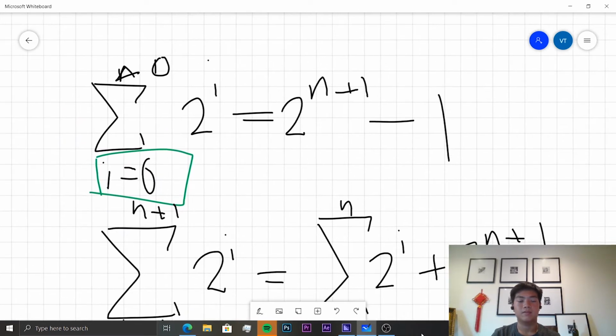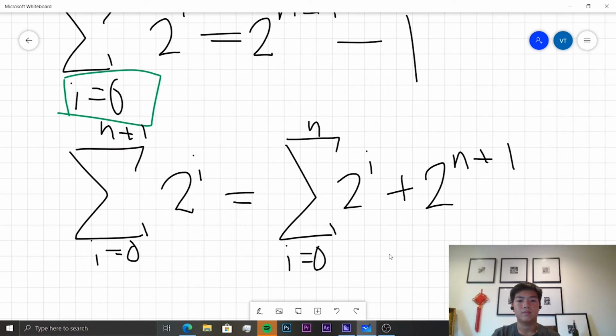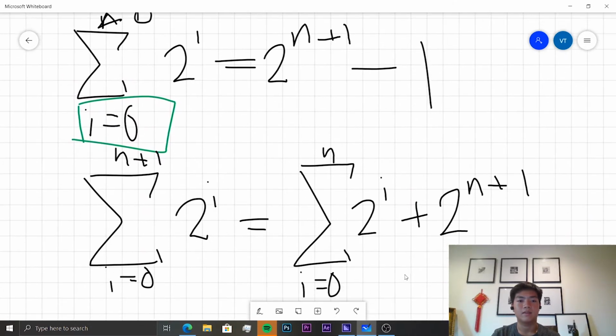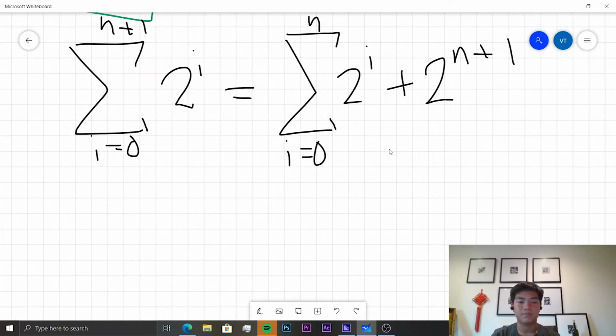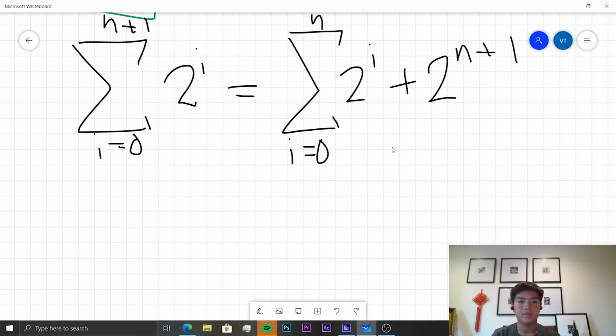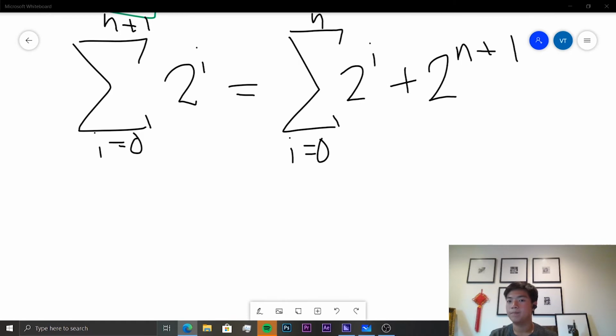Right. And so, therefore, the sum from i equals 0 to n plus 1 of 2 to the i is equal to the same, plus 2 to the n plus 1, right?